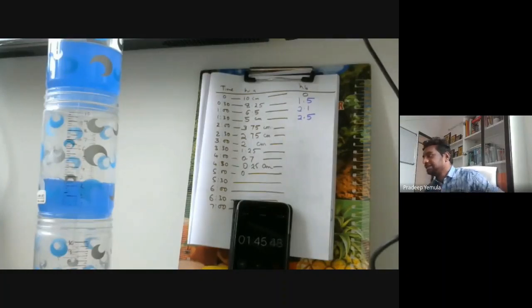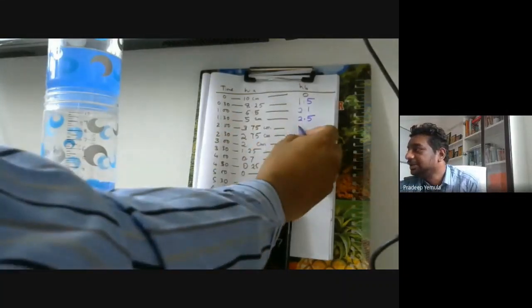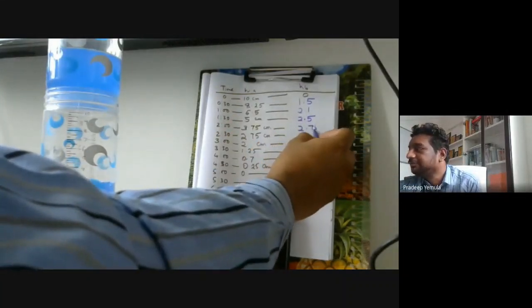Still, you can see there is more height of water at the top and less height here. That means more water will fall and less water will go down, so the height will continue to increase. That is what we are noticing. 1:57, 58, 59 and 2 minutes. Now the height is 2.75. Okay, so the height is now maintaining at 2.75.